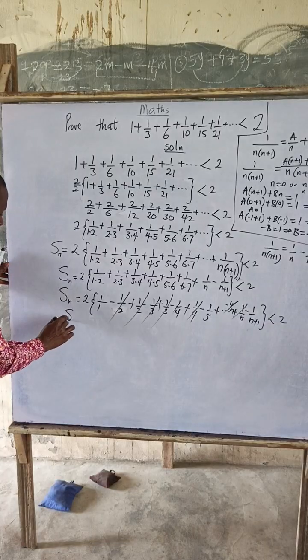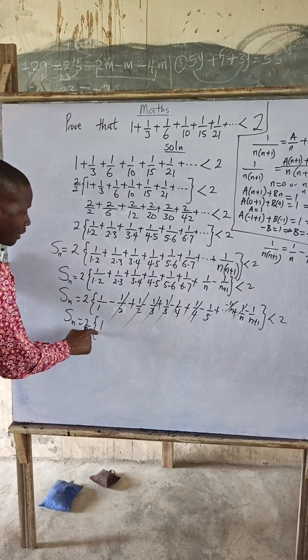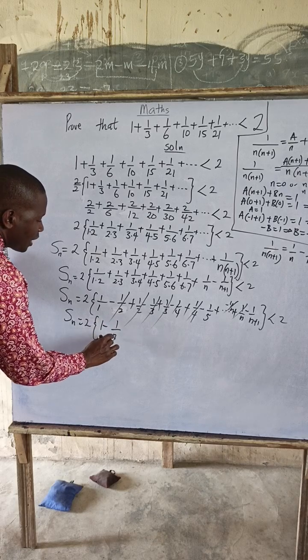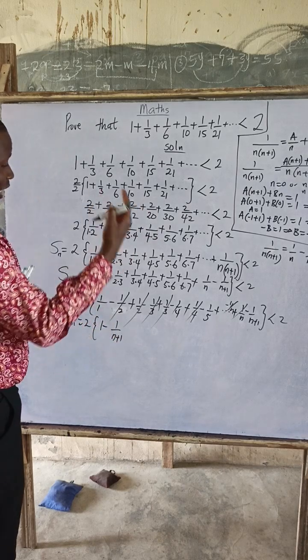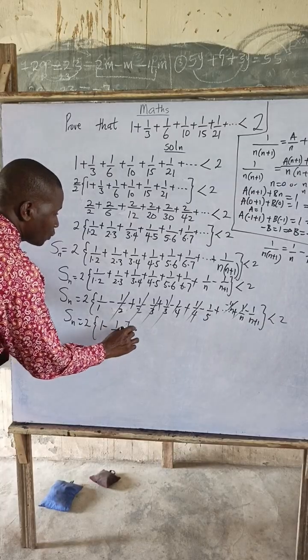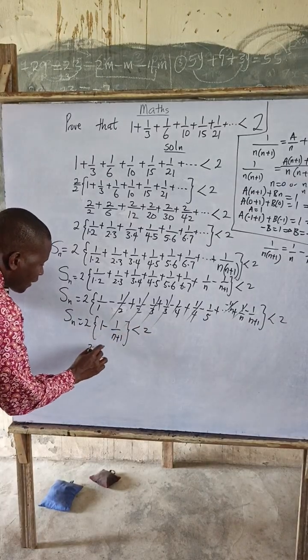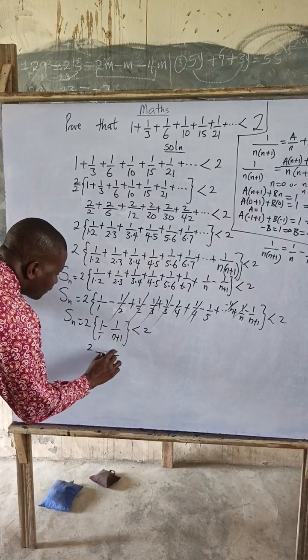So therefore, we have s of n equals 2 multiplied by 1 over 1, which is 1, minus 1 over n plus 1, because every other term cancels out. So less than 2. Let's evaluate or simplify this one.